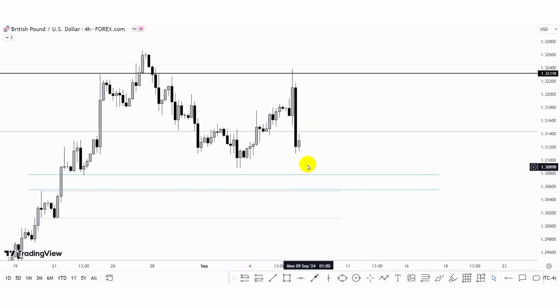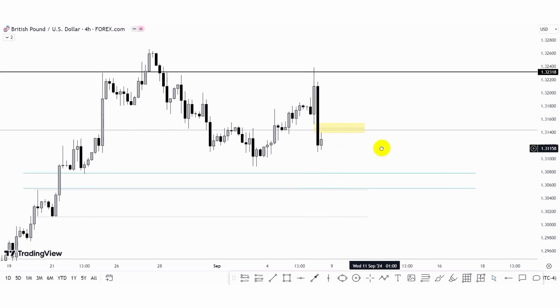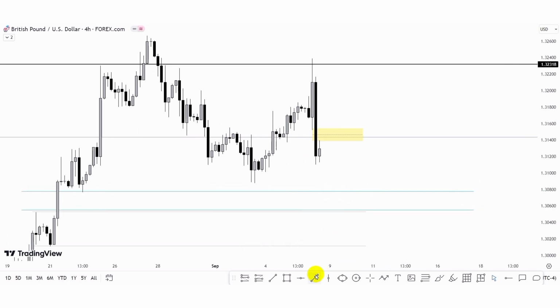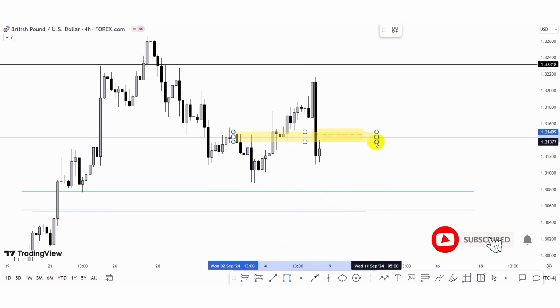Before we see the continuation of price to the downside, we may see price actually just return to this fair value gap price created here. So we may see price return to this fair value gap to take out this candle's high, mitigate the fair value gap, and then we see price drop to the downside. Because we can also identify that this is in confluence with this breakout block.